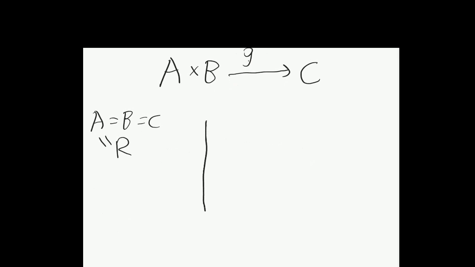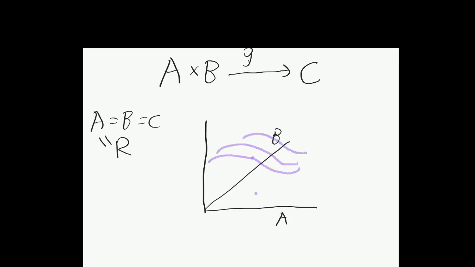We can draw a graph of that kind of function. We have these two inputs. We have a copy of the smooth line, which is called A. We have a copy of the smooth line, which is called B. And so we have this plane of input values. And then for any particular input value, there's going to be a certain value of the output. And so that defines this kind of surface.